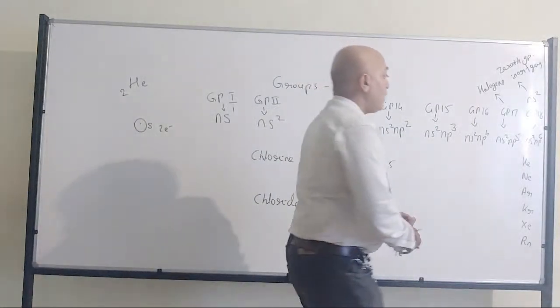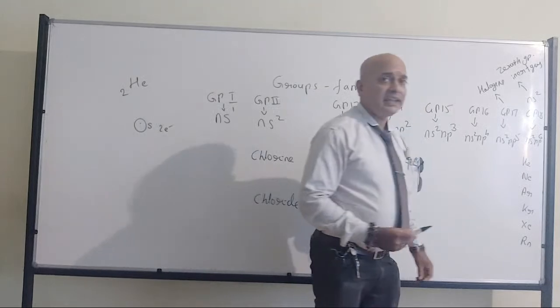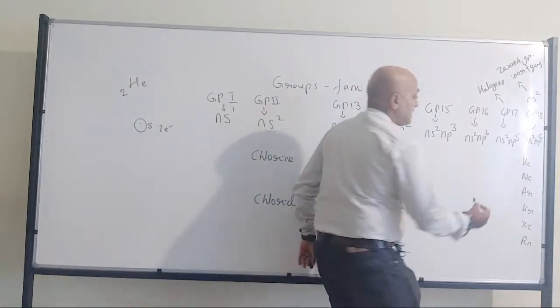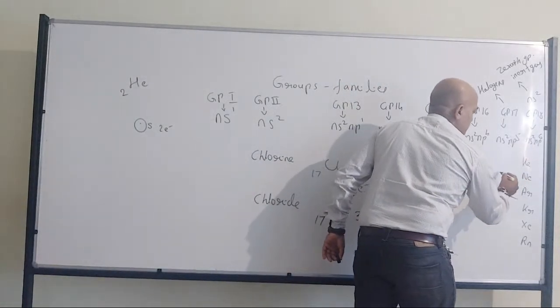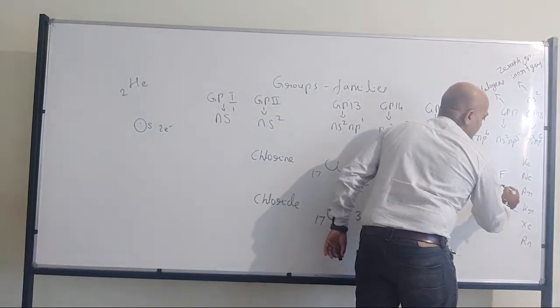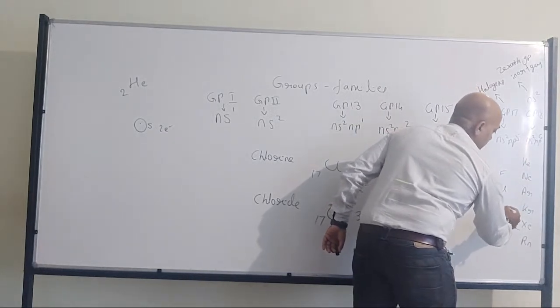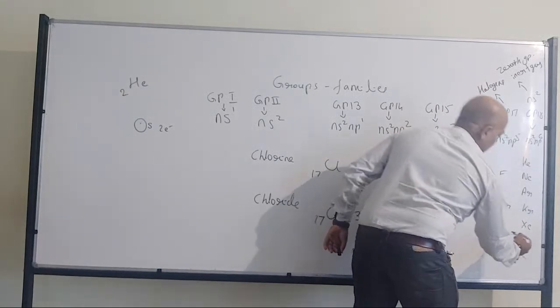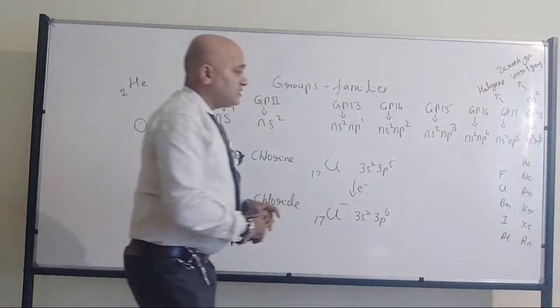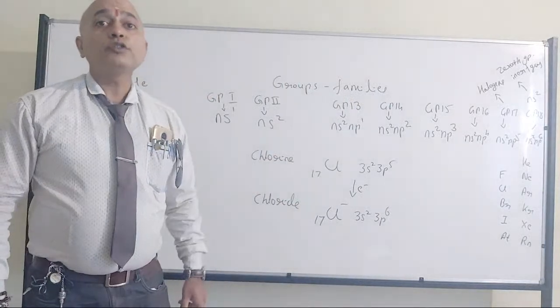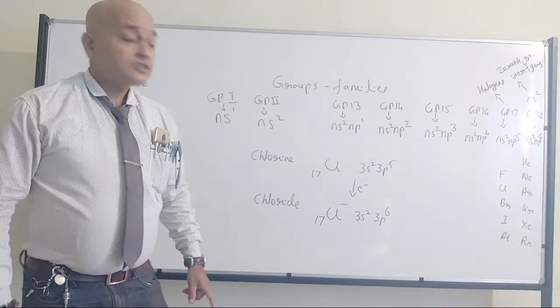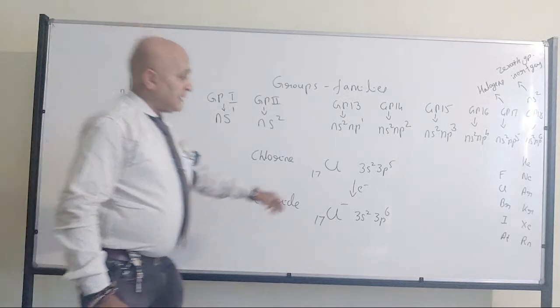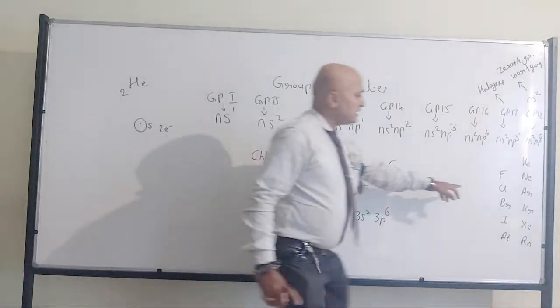Now if I take group 17 elements, they start from period number 2. That's where I have fluorine, chlorine, bromine, iodine, then astatine. So what I mean to tell here is, chlorine was 3s2 3p5.